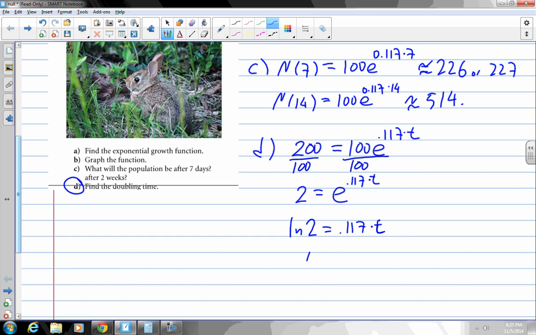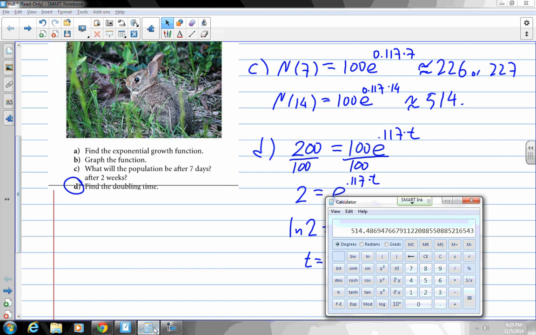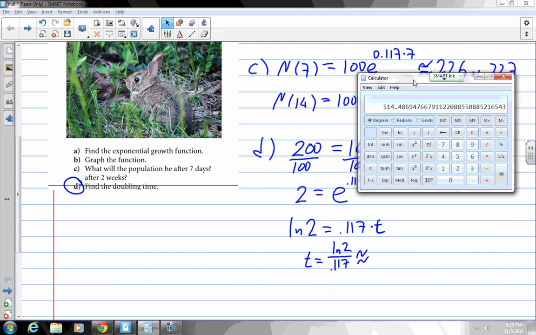So t equals ln of 2 over 0.117, which is something that I can plug into my calculator. So almost 6 days, 5.96 days or so.